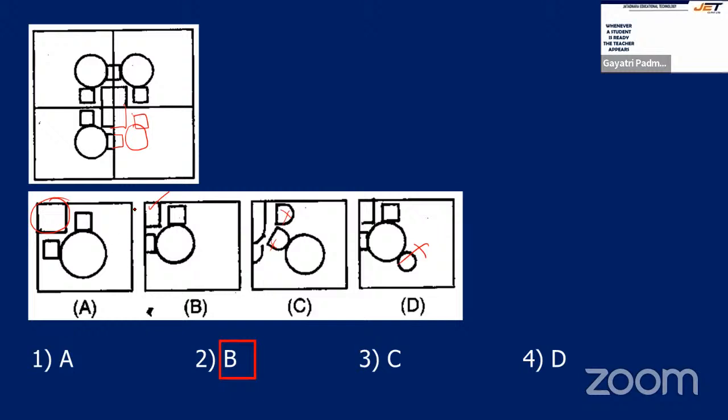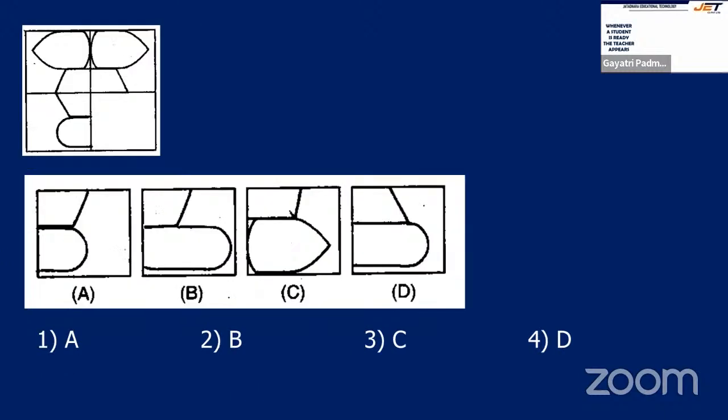All right, students. So I'm sure you all must have got convinced and even you would have opted for option B. All right, let's move on to the next question. What is the correct fit for this? Is it option A, option B, option C, or option D?